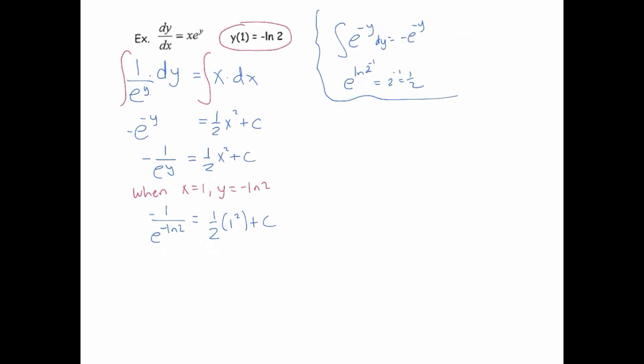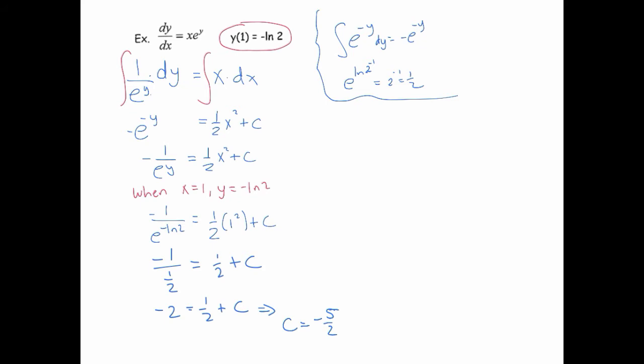So it's negative 1 over 1/2, and that equals 1/2 plus c. And so that means the left side's really negative 2. If I subtract a half from both sides, you get negative 5/2. And that means that c is negative 2.5, or written as negative 5/2.